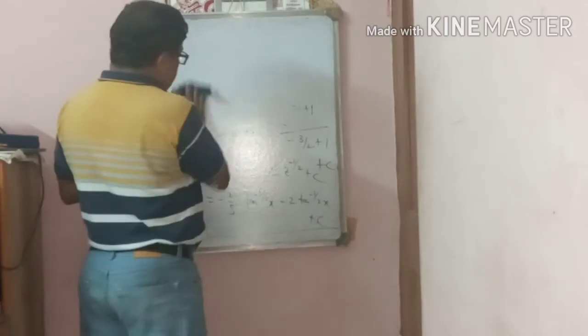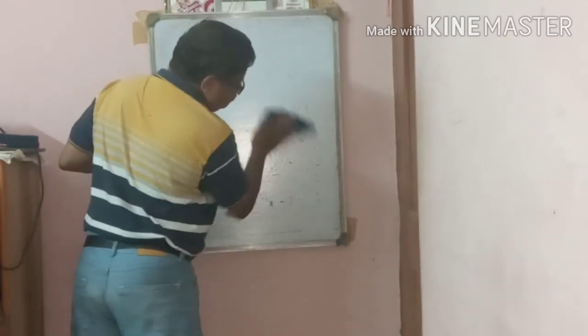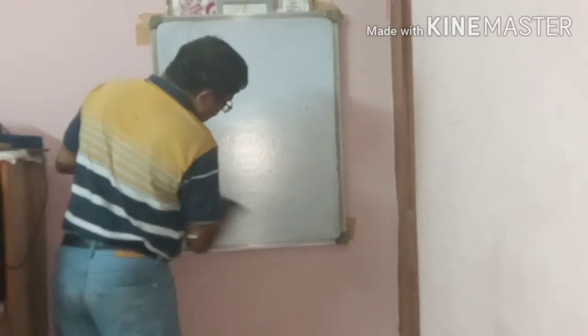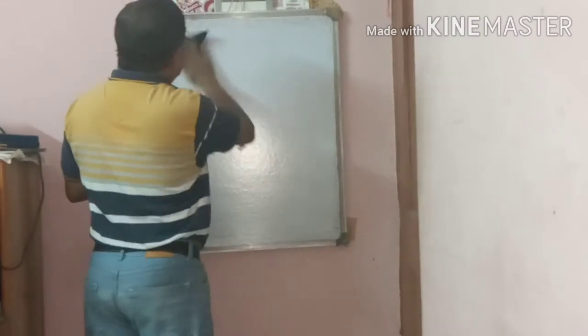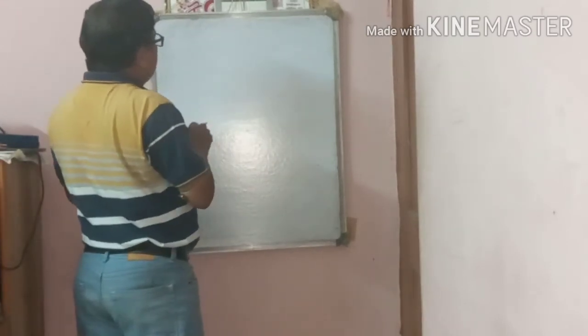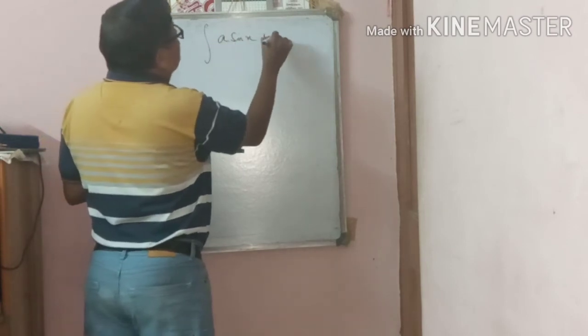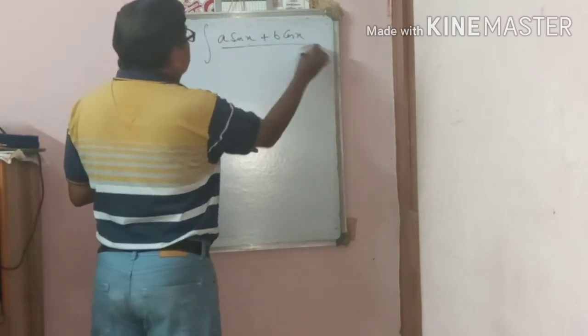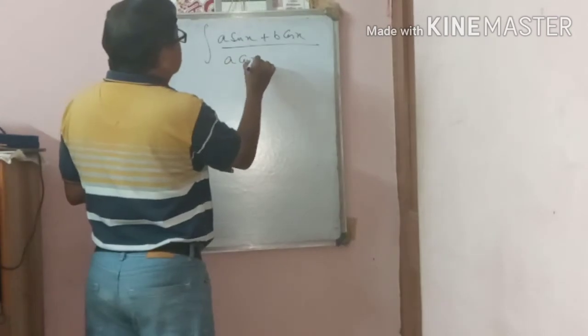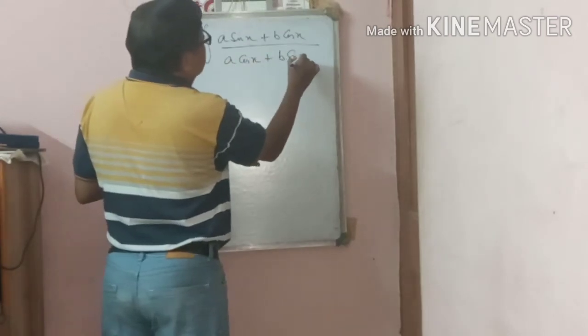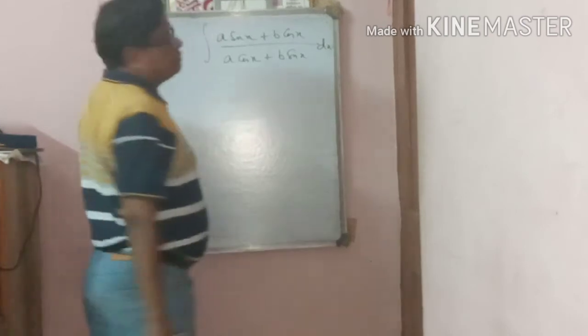Now another sum, where one rule is there. Suppose a sin x plus b cos x by a cos x plus b sin x dx is given.